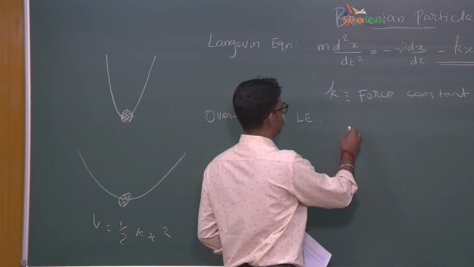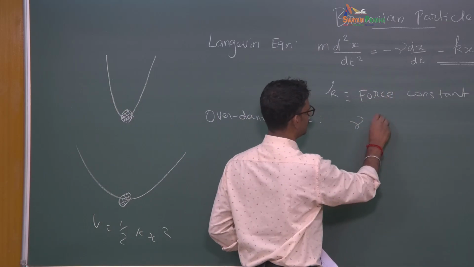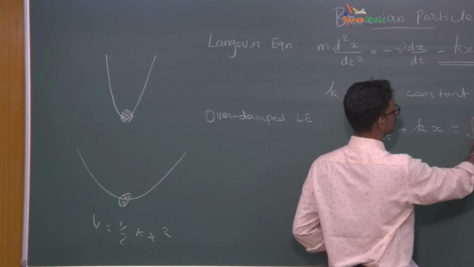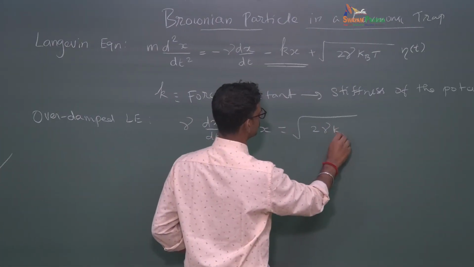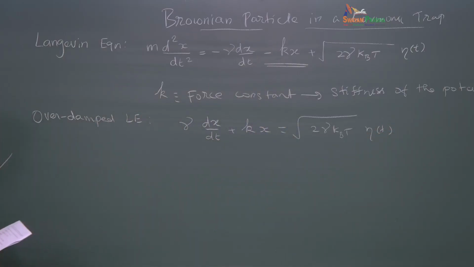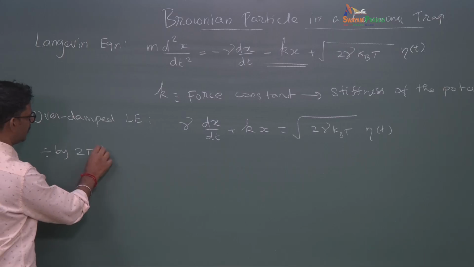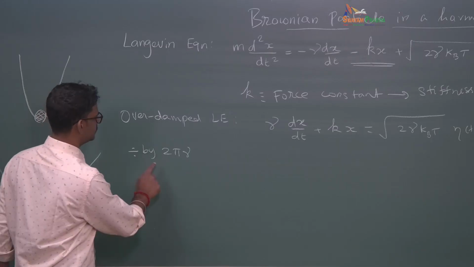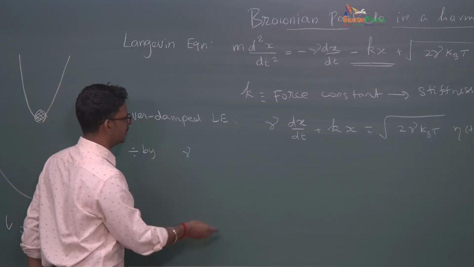We basically bring these two terms to this side, and then divide this equation by gamma.